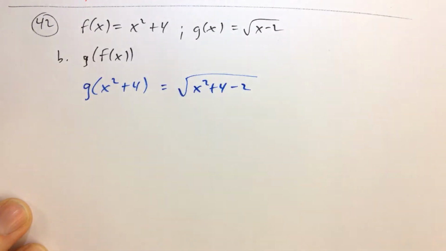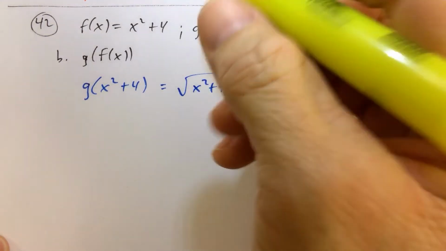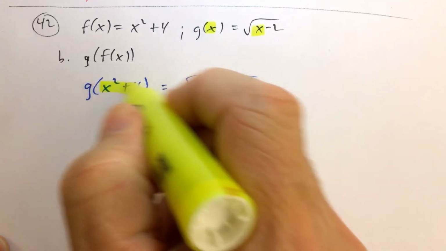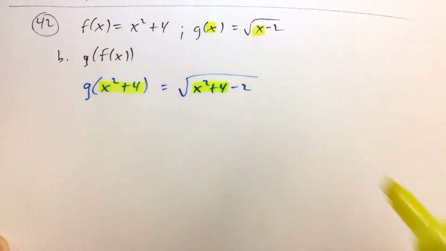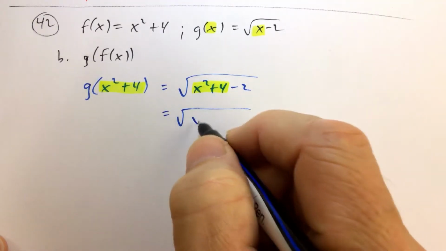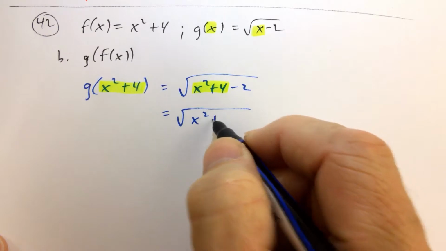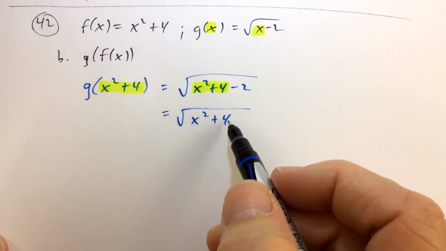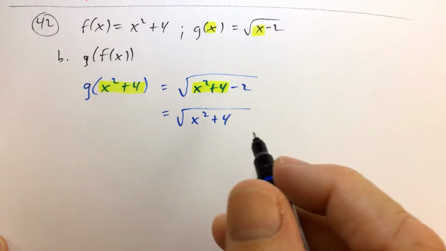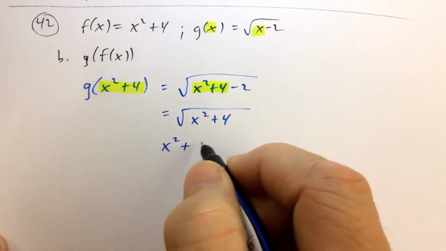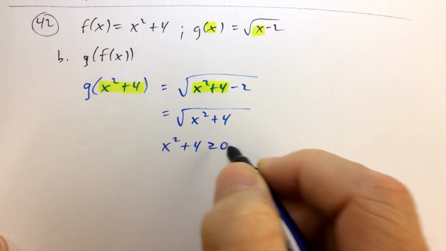So notice, again, that g of x is radical x minus 2, whatever the input is has to go there. So we create a function. And let's simplify this. If we simplify under the radical, we get radical x squared plus 4. And what we really need, if we have any exclusions at all, is to make sure that x squared plus 4 is greater than or equal to 0.